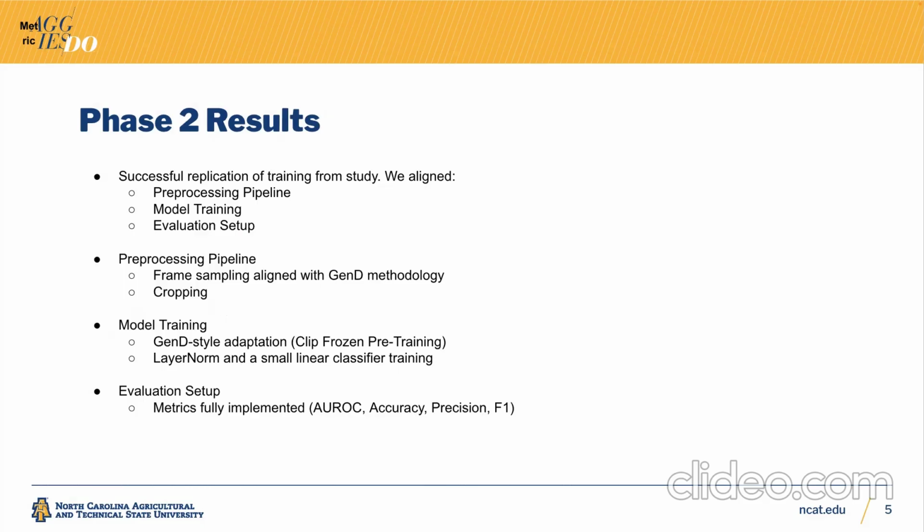That means building a single model to help differentiate across data that isn't necessarily trained on by the model. We tried our best to align the training from the study to what we implemented in phase two. That included the pre-processing pipeline, the model training, as well as the evaluation.